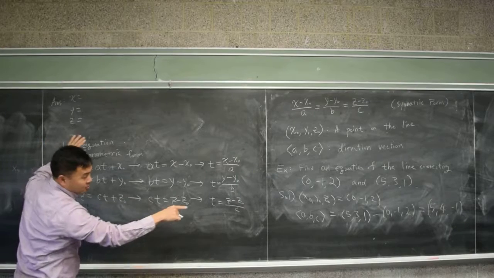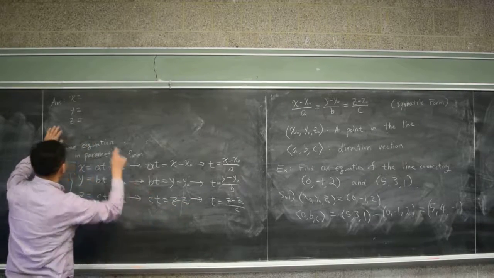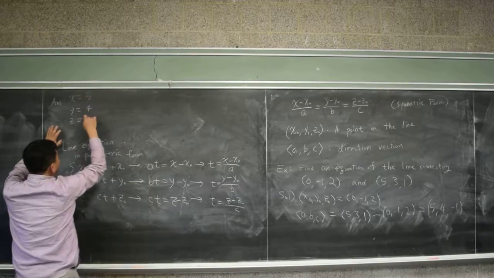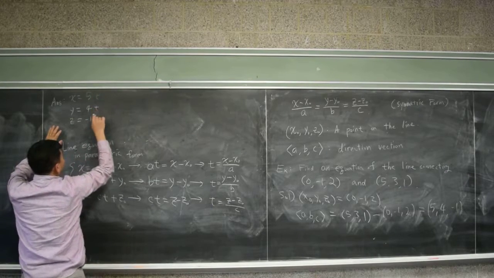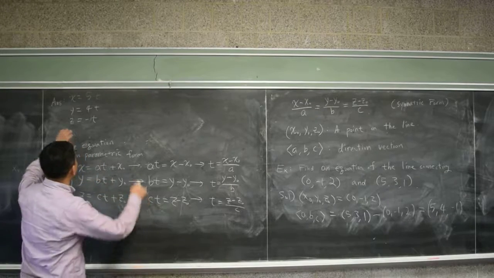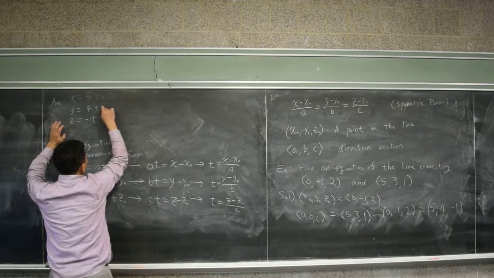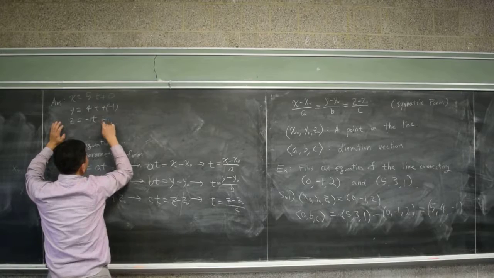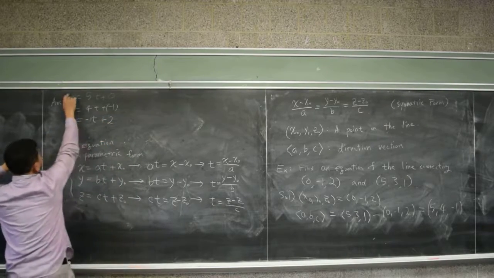What are the speeds? Speeds are 5, 4, negative 1. So the velocity is (5, 4, -1) times t. And the initial point is (0, -1, 2), so (x, y, z) = (0, -1, 2) + t(5, 4, -1). That will be the parametric form.